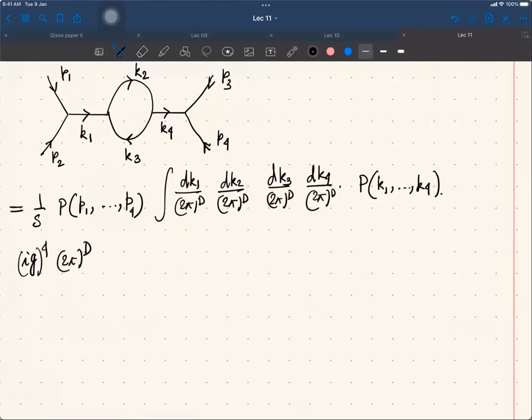So let me count them like 1, 2, 3, and 4, and write down the linear functions inside the delta function. For the first vertex, it will be P1 and P2 incoming and K1 outgoing. Then for the second vertex, K1 and K3 incoming, K2 outgoing.